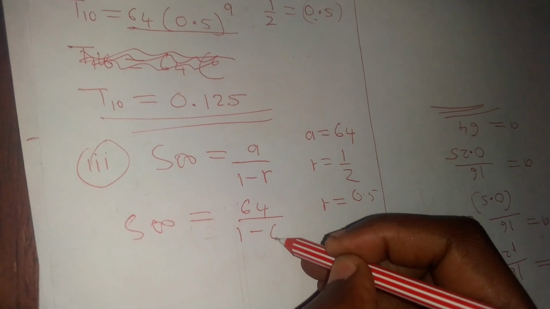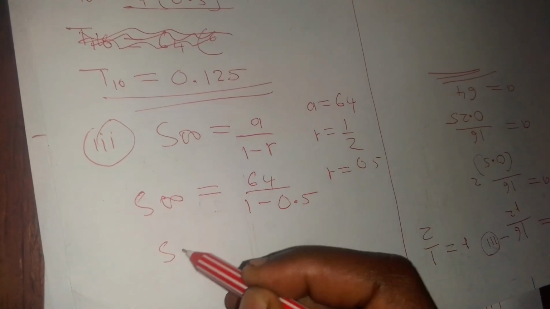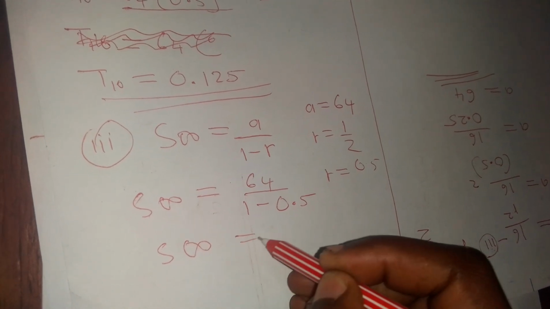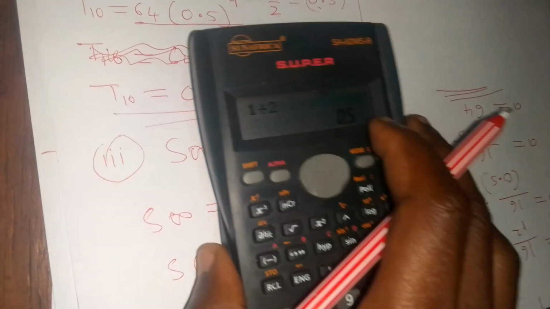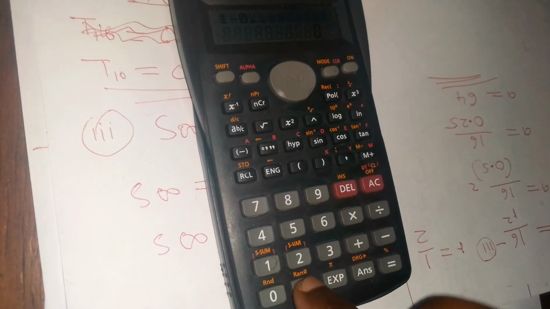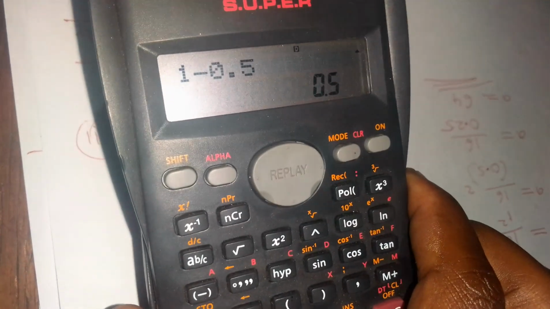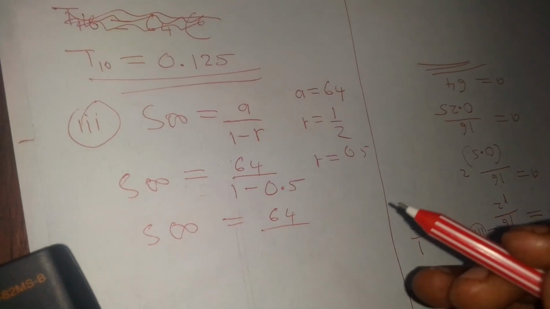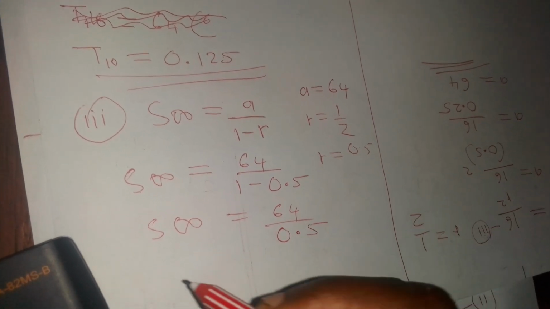So sum to infinity equals 64 over 1 minus 0.5. 1 take away 0.5 gives 0.5.